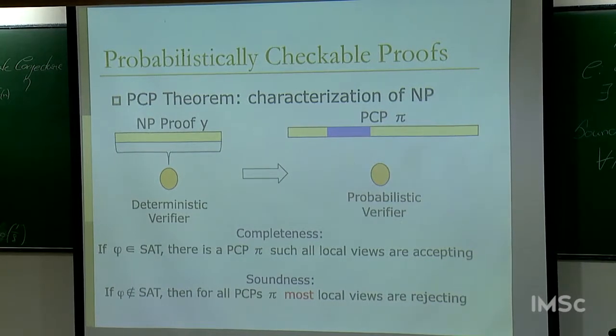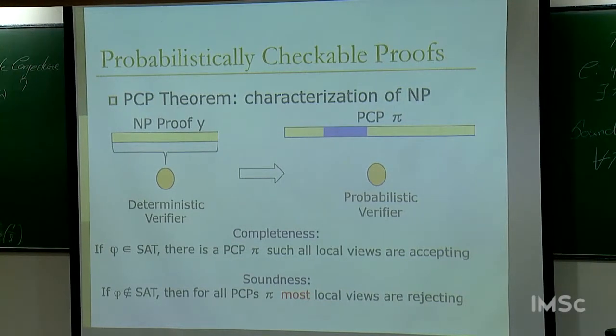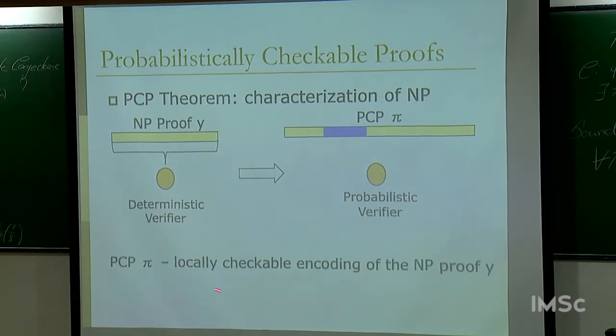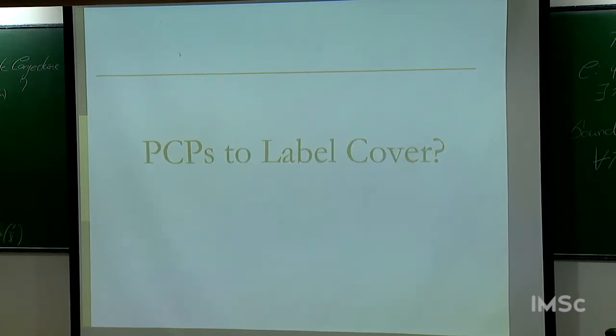So this is stating the PCP theorem now in the language of proofs. Here I have stated the PCP theorem in the language of label cover. So in this language, PCP just states this proof is sort of a locally checkable encoding of the NP proof. That's a mouthful. If you don't follow it for now, we will come back to this fact later.